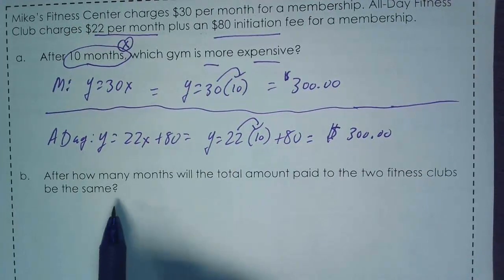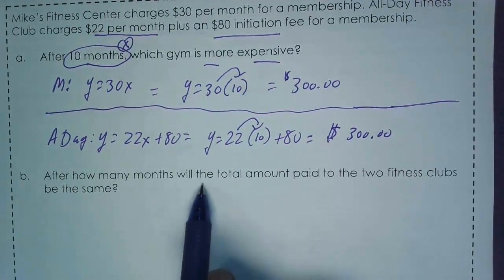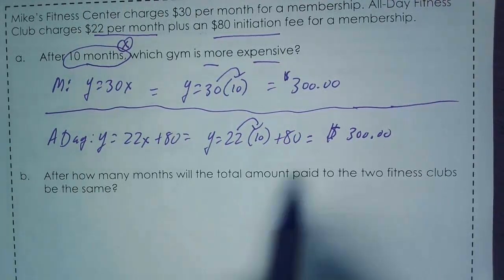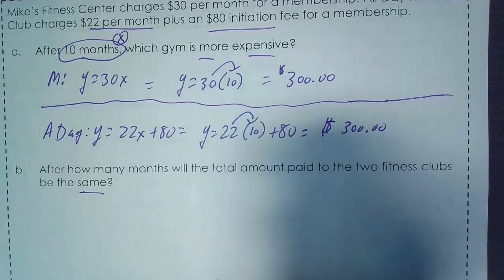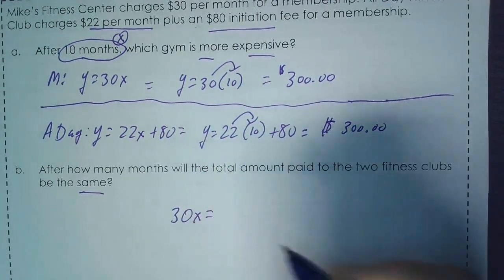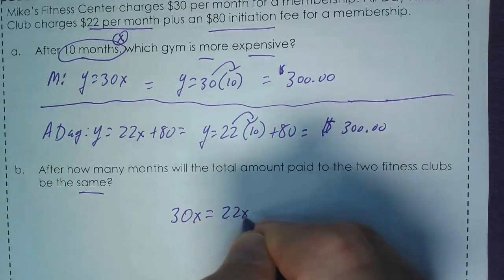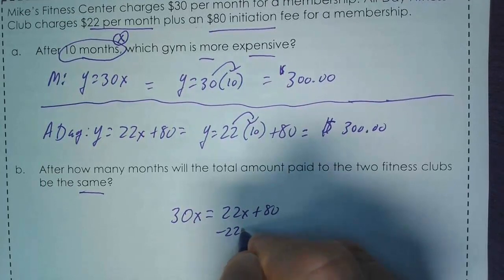So the second question says, how many months will the total amount paid to the fitness clubs be the same? So again, same is the key word. I'm going to take both equations and set them equal to each other. Then we're going to solve for x.